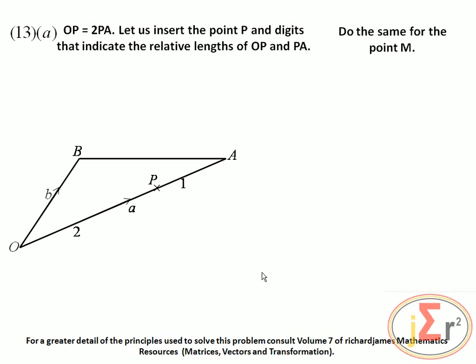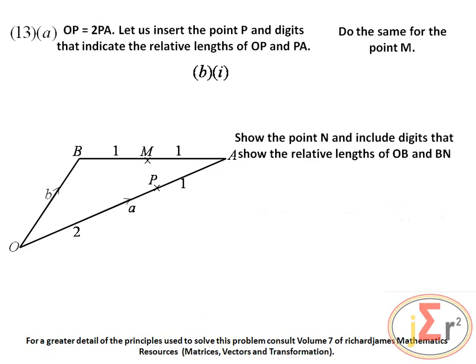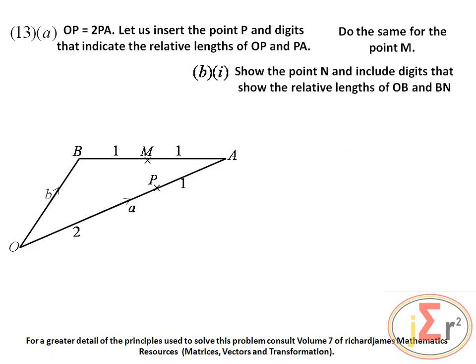Do the same for the point M. And it is said that M is on BA such that BM is equal to BA. So because they are equal, we may put 1 here and 1 there. Show the point N and include digits that show the relative lengths of OB and BN.